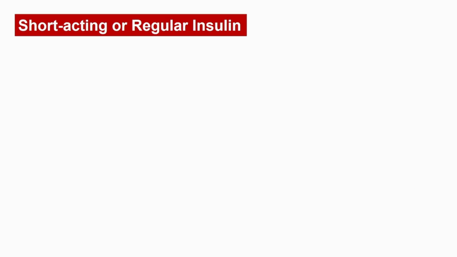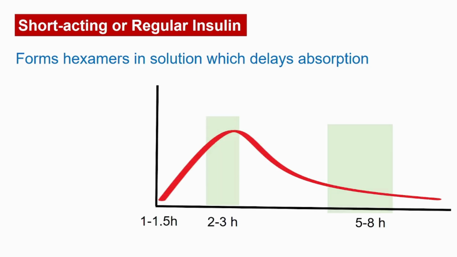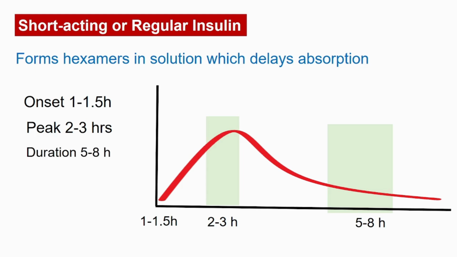The next one is a short acting insulin, also known as regular insulin, which is a hexamer form of the protein, which delays the absorption and enables it to extend the duration of effect. This one has a slightly slower onset than the rapid acting insulin, which can be 1 to 1.5 hours, and peak can be 2 to 3 hours, and the duration of effect is about 5 to 8 hours.